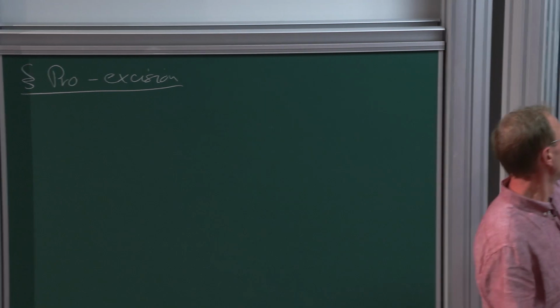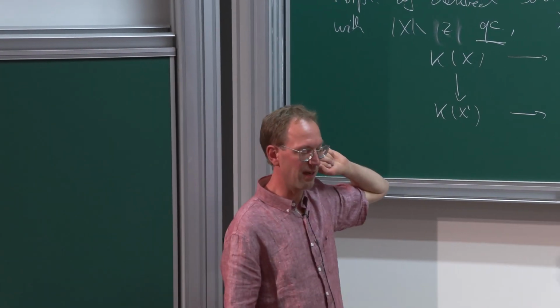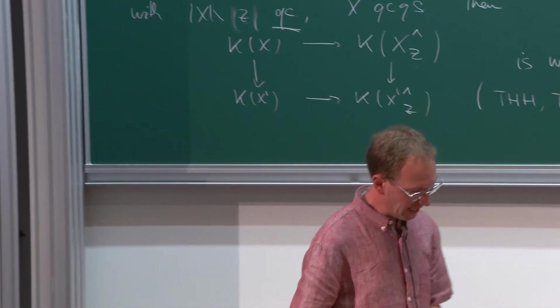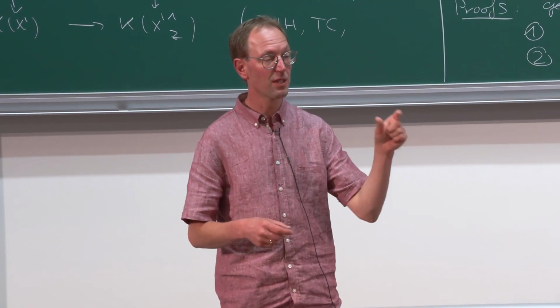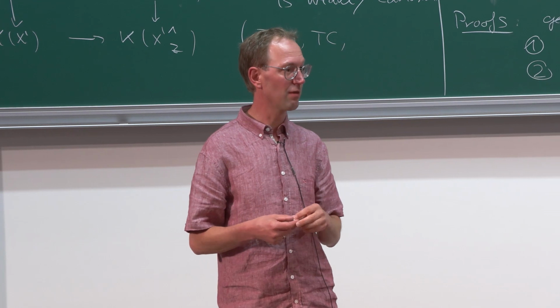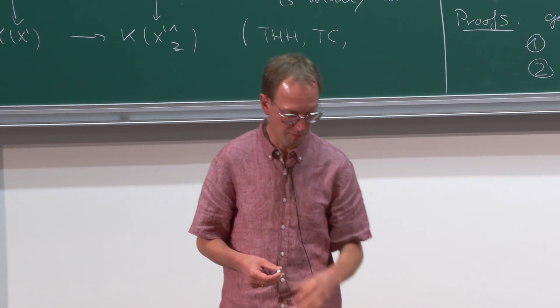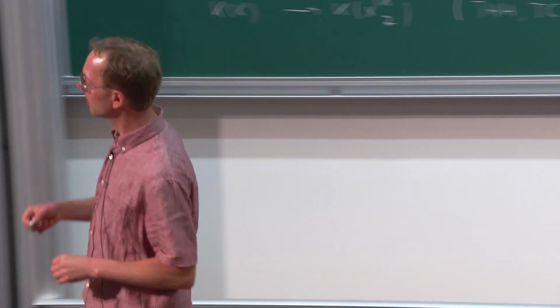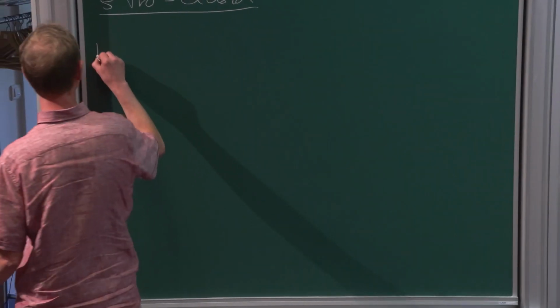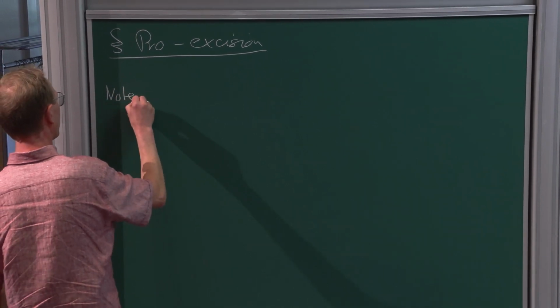And you can immediately reduce to the case that X is affine, then everything is affine. The idea there is to use these excision type results that we discussed yesterday for Milnor squares or pullback squares of ring spectra. Let me start with the following observation.